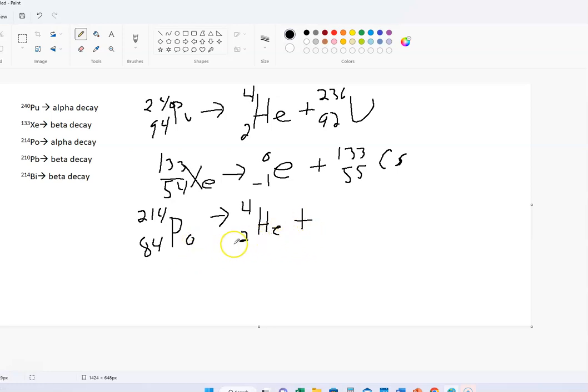The number that's going to go in the subscript is 84 minus 2, or 82, which I'm pretty sure is lead. And then the number of nucleons will be 210.